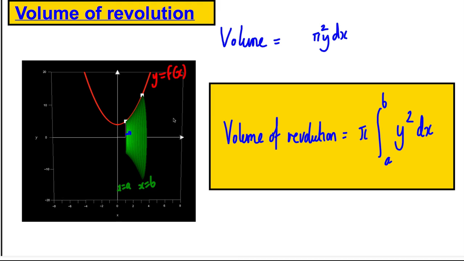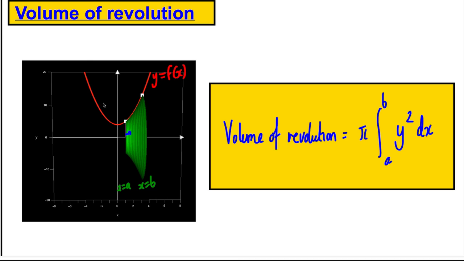I'm summing all of those volumes up, so the integral does the sum for me from x equals a all the way up to x equals b. And hence, that is some of the rationale behind why this formula works.